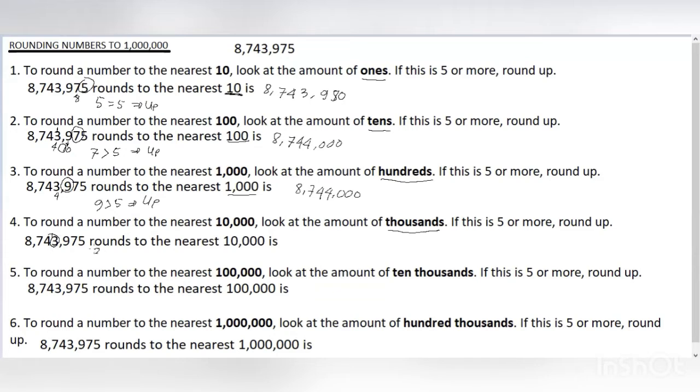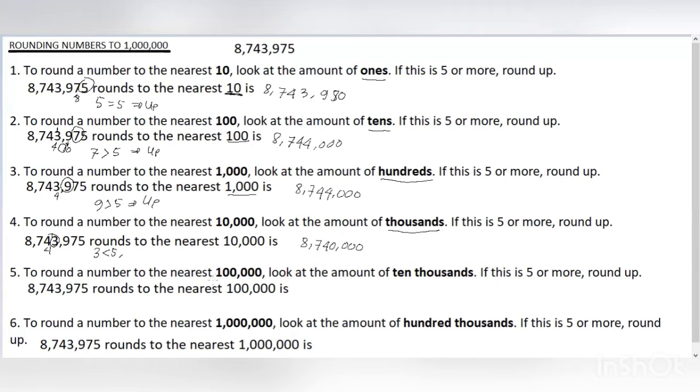We know that 3 is less than 5, so we need to round the number to the previous one. So this one is 4, it is still 4. So the answer here is 8,740,000. Easy, right?